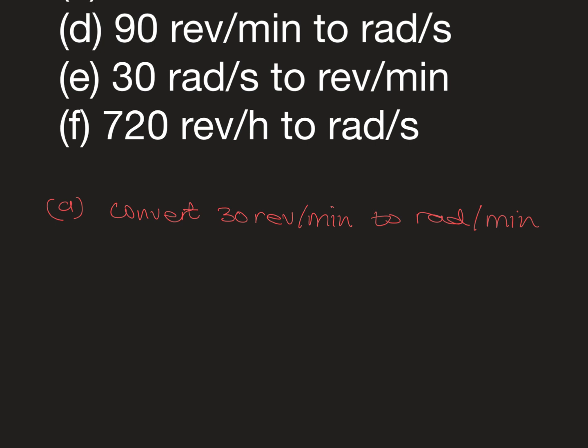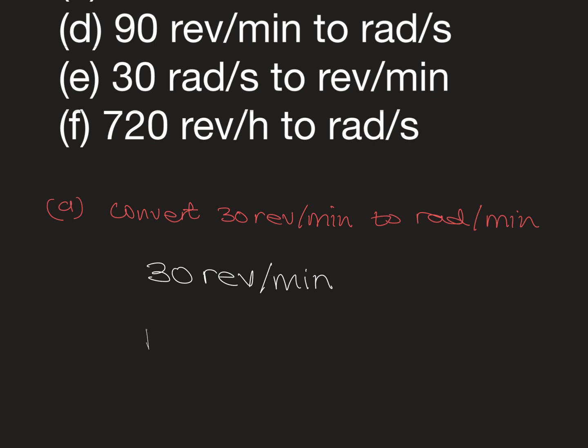So we have 30 revolutions per minute. How do we convert it to radians per minute? If you look at the time, we realize that there is no change. It is just in minutes. So which means we just have to convert revolutions to radians.